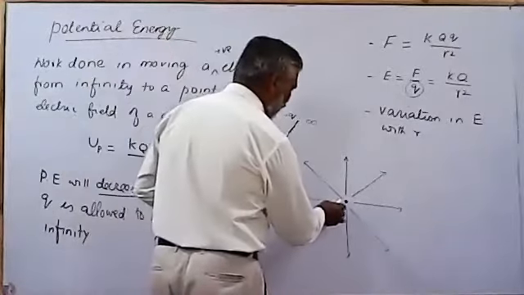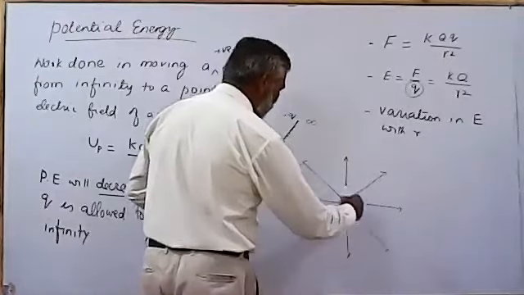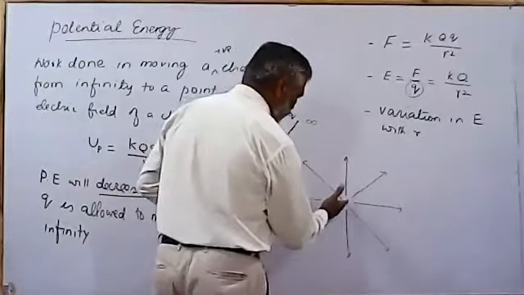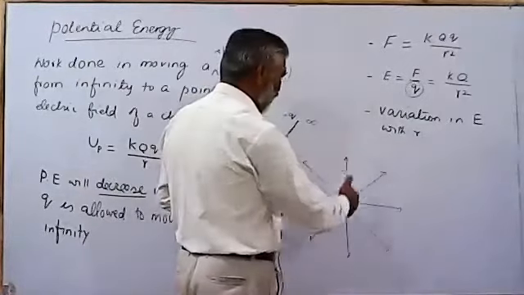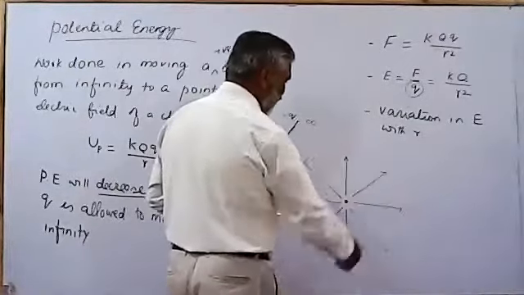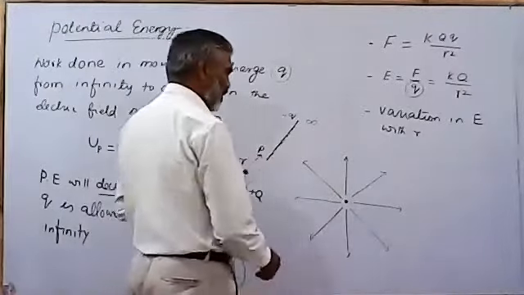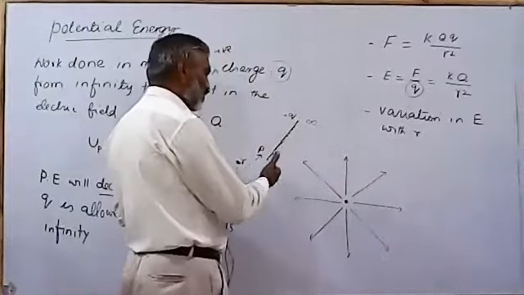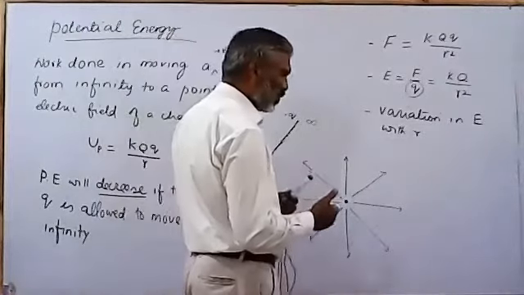Clearly the electric field is directed outward. It is directed from the charge to any position away from it. That means the electric field line shows actually the motion of the charge when it is allowed to move freely.